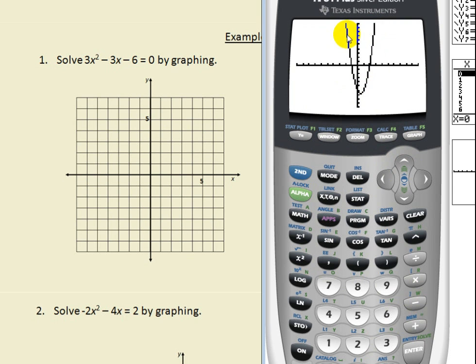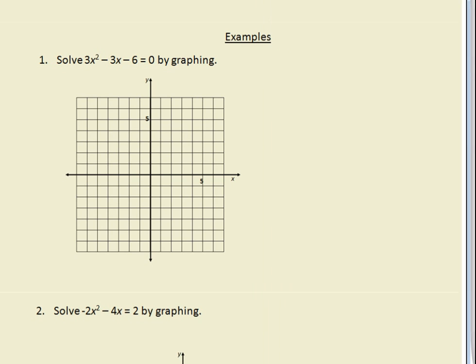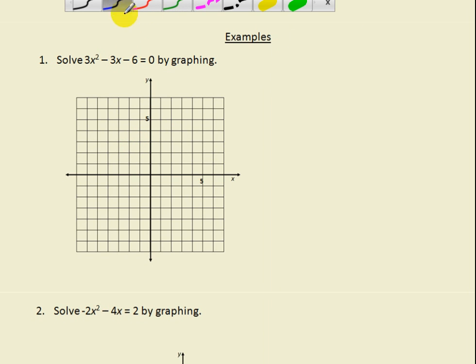Now, when we go to draw the parabola, it's not important that we get our points exactly set. What we really want to focus on is those zeros. Where does the parabola cross the x-axis? And it looks like -1 and +2. Now, we don't know that for sure at this point, but we can certainly check that.